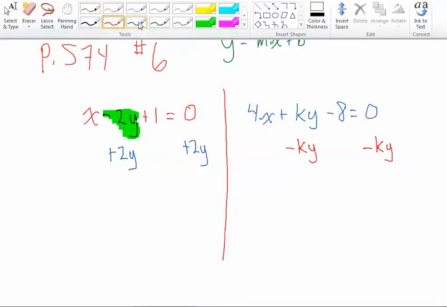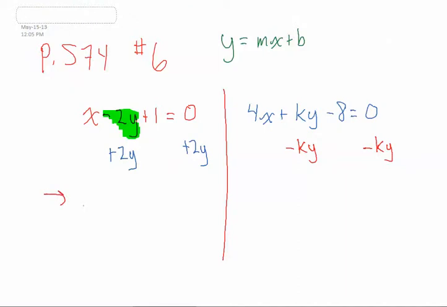So let's see what we end up getting. For here, I'm going to get x plus 1 is equal to 2 times y. And for here, I'm going to get 4x minus 8 is equal to negative k times y.